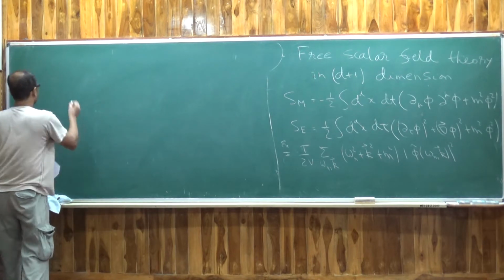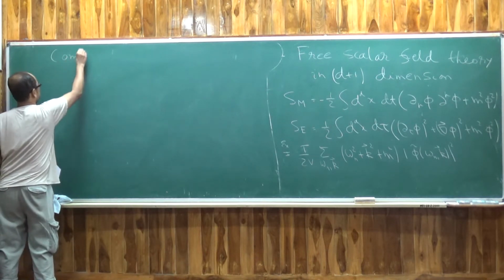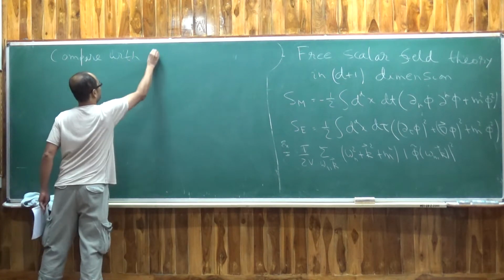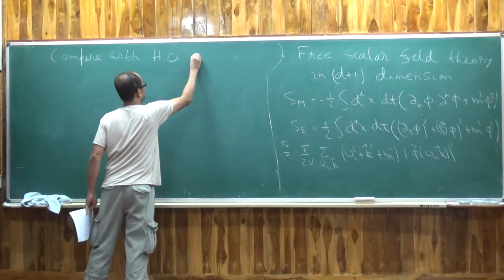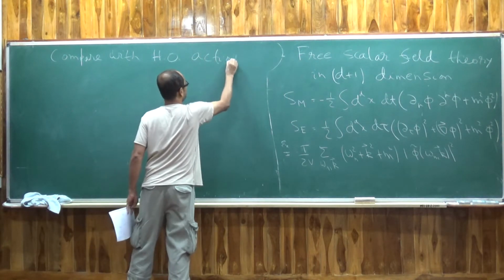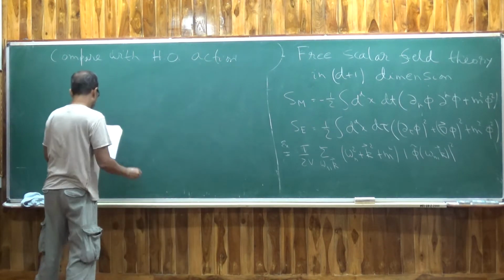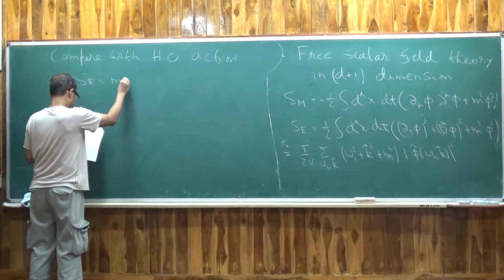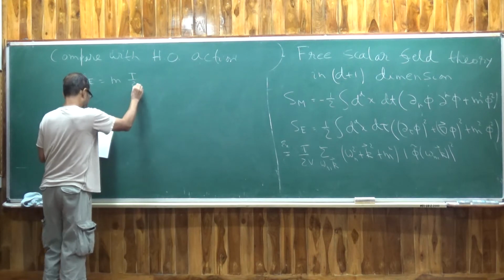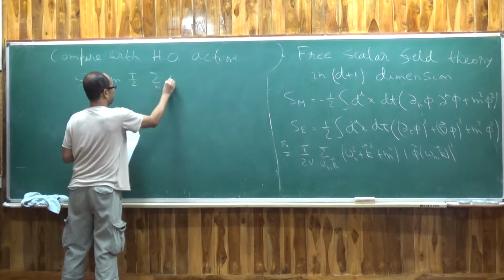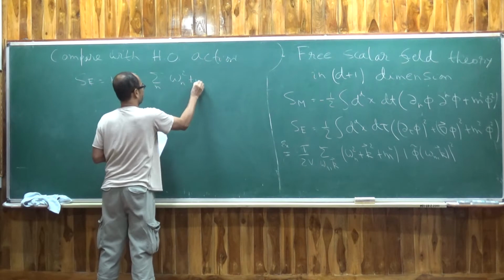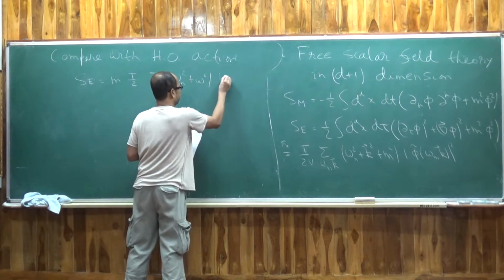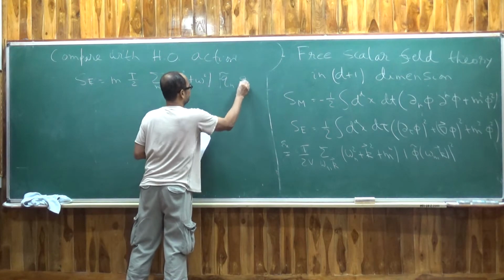So this we can compare with the harmonic oscillator action, which had the structure that the action is equal to m β by 2 sum over n of (ω_n² + ω²) q̃_n q̃_{-n}.